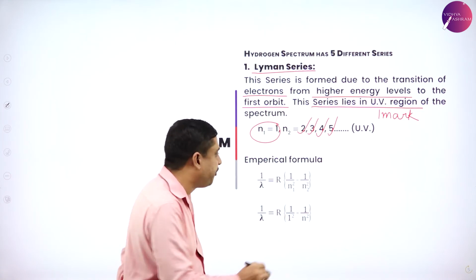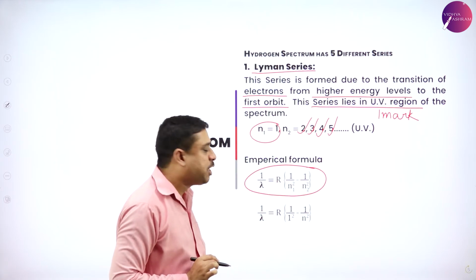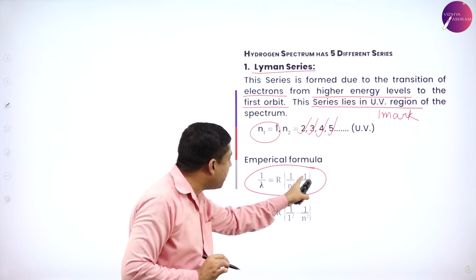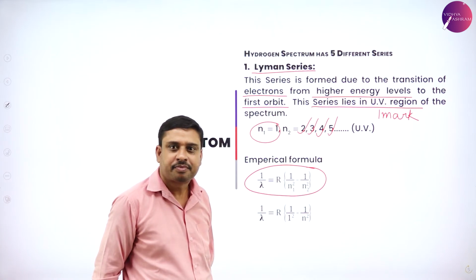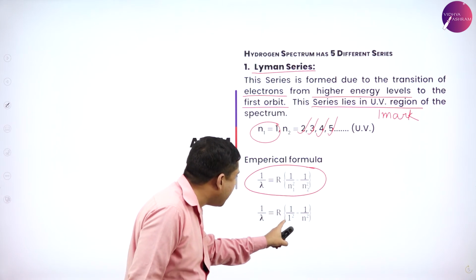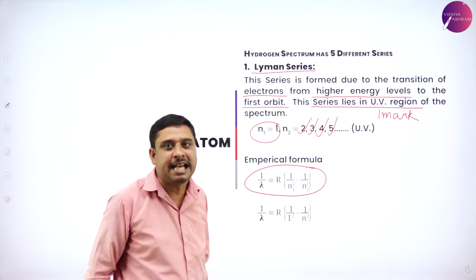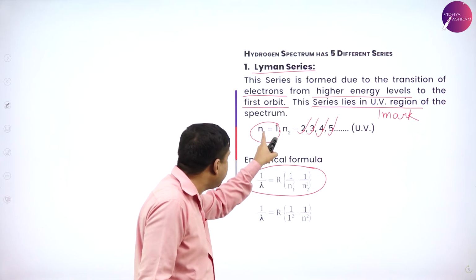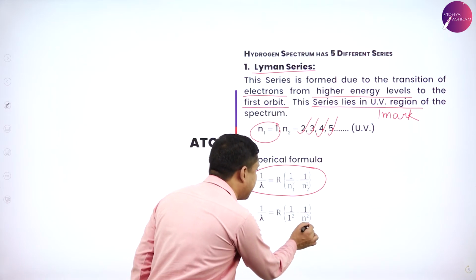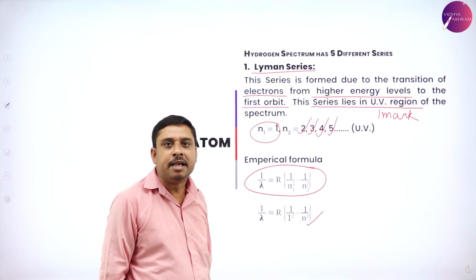We have derived 1 by lambda is equal to R times 1 by N1 square minus 1 by N2 square. For the empirical formula, substitute N1 and generalize N2. So N1 is 1, N2 is N. So this is the empirical formula for the Lyman series.